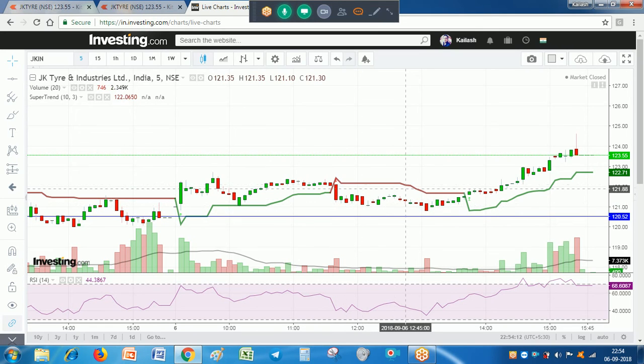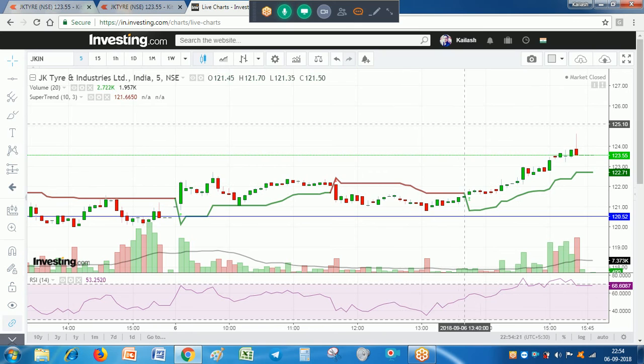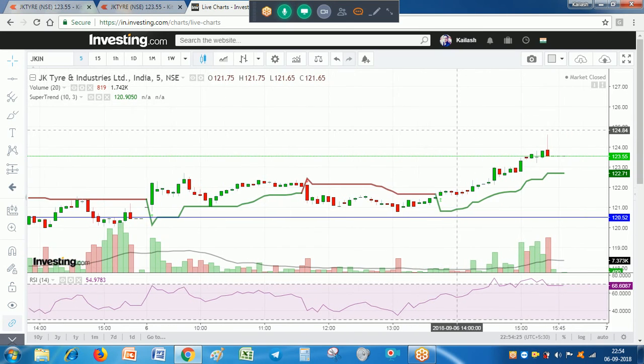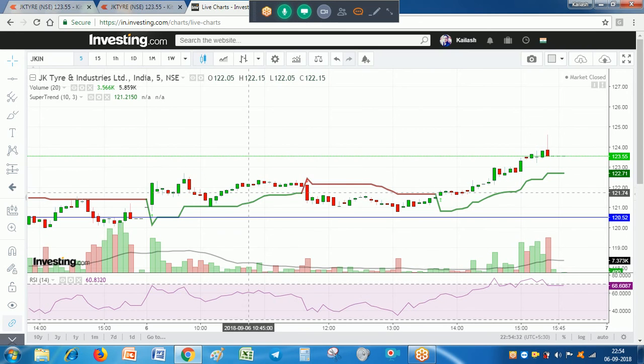If someone has bought in this range and remained in position with this strict stop loss, always remember that whatever stop loss you have decided, you should follow it strictly till the time you are in the trade. So nowhere has the stop loss been hit, so there is no need to exit on this sell signal of the super trend, because sometimes it gives false signals also.